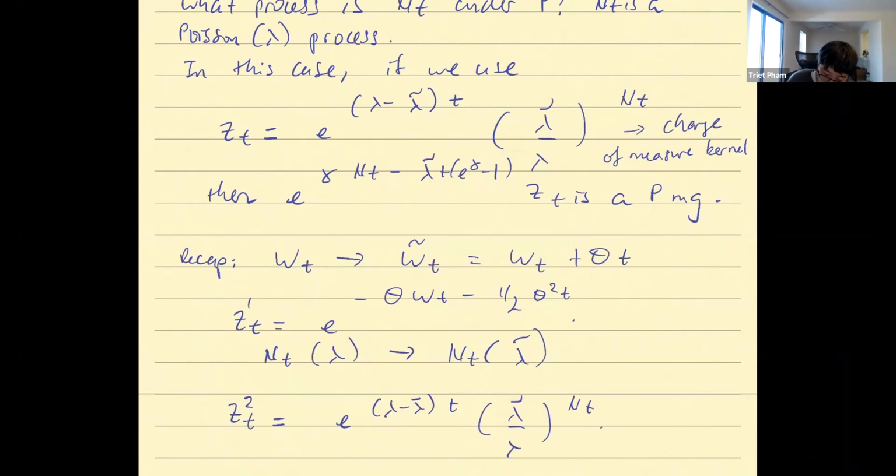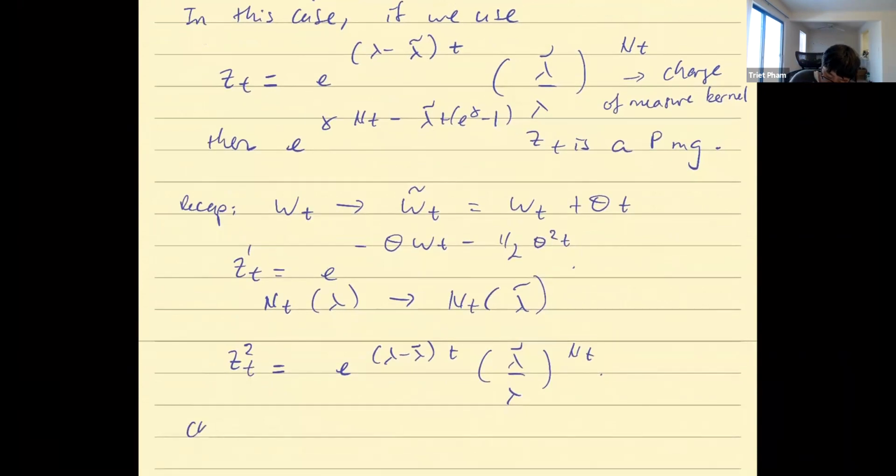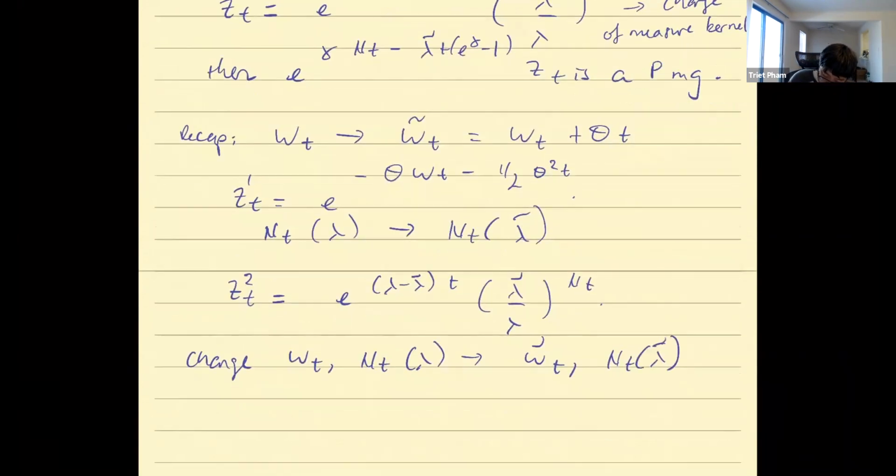I will try to give you a more intuitive way on why this happens next time. But for now, let me say this: if you want to change both together, then you just use Zt to be the product of the two.